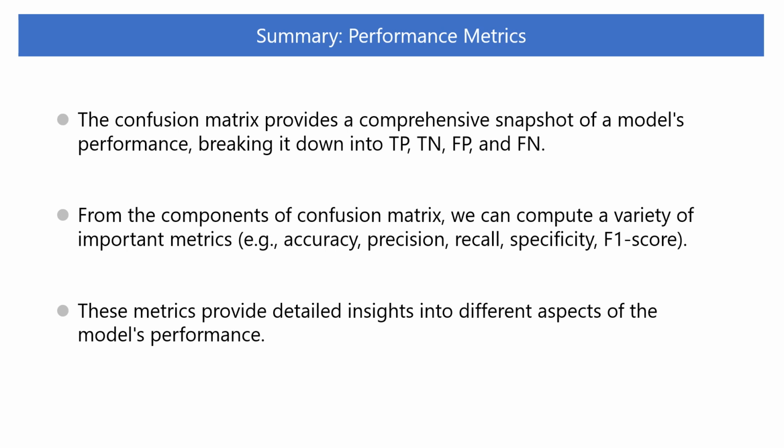These metrics provide detailed insights into different aspects of the model's performance, including its overall accuracy, its balance between sensitivity and specificity, and its precision in predicting positive cases. By analyzing these metrics, you can get a nuanced understanding of a model's strengths and weaknesses, which is crucial for improving model performance and making informed decisions.